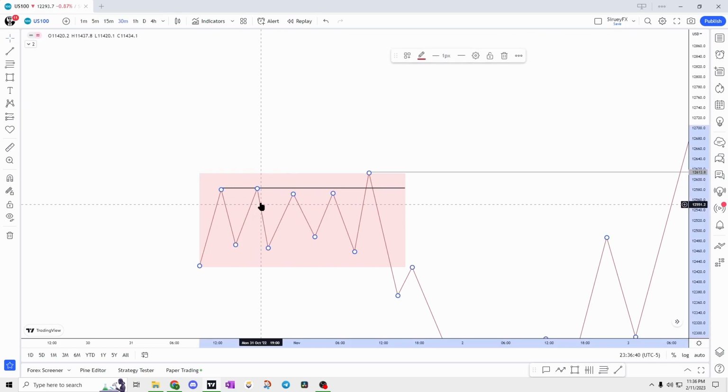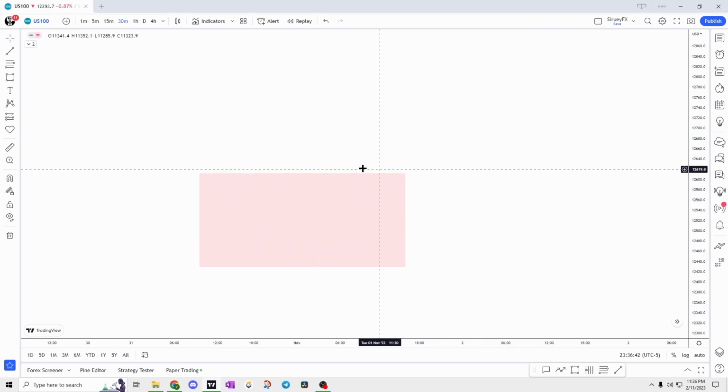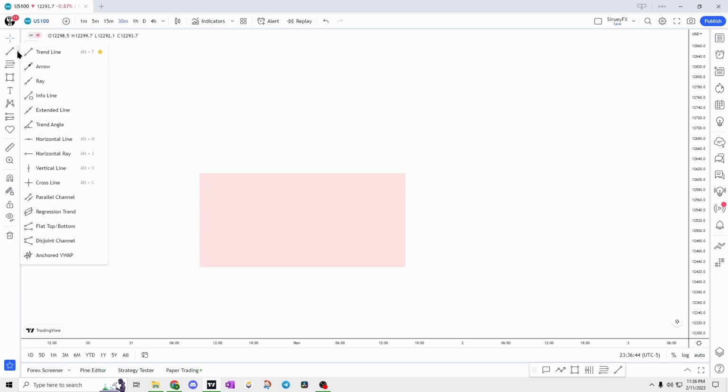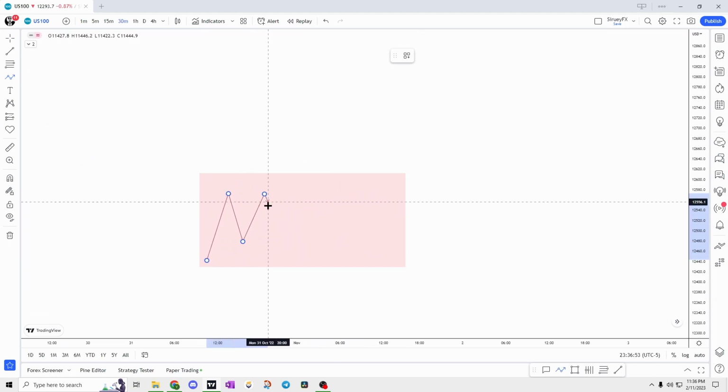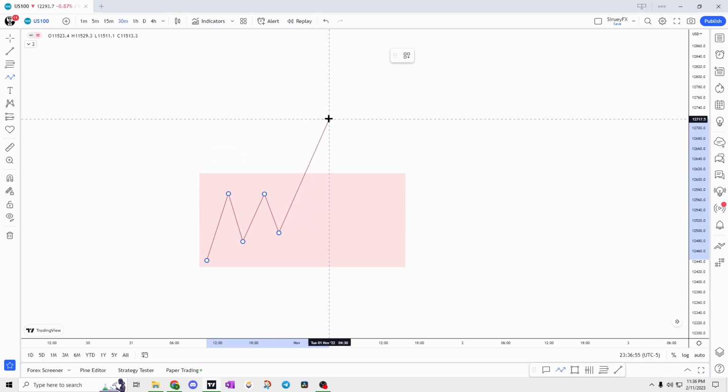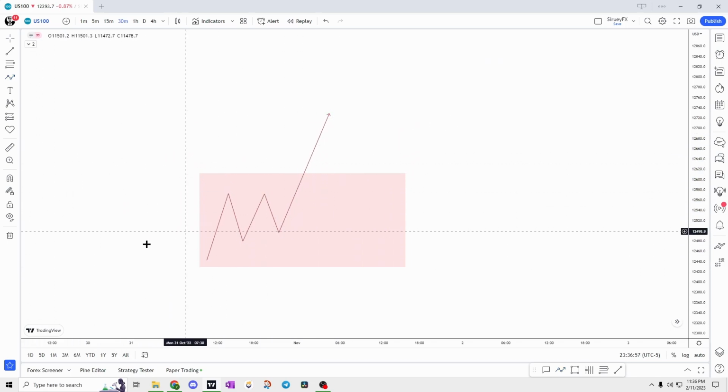ICT says focus on low resistance liquidity run. Why? Because when we have an original consolidation and price is consolidating, we just keep having higher highs like this. So what does that mean?